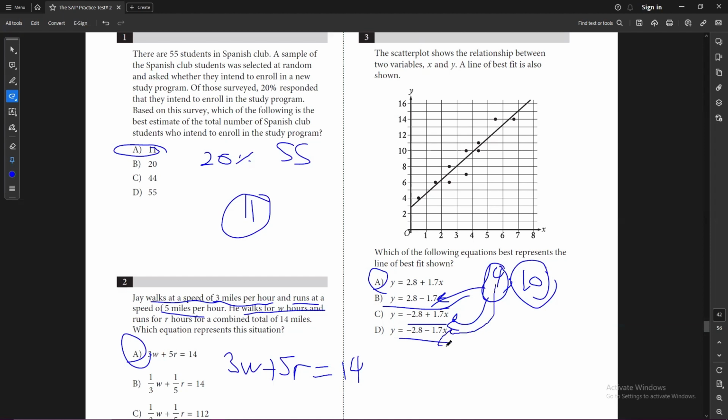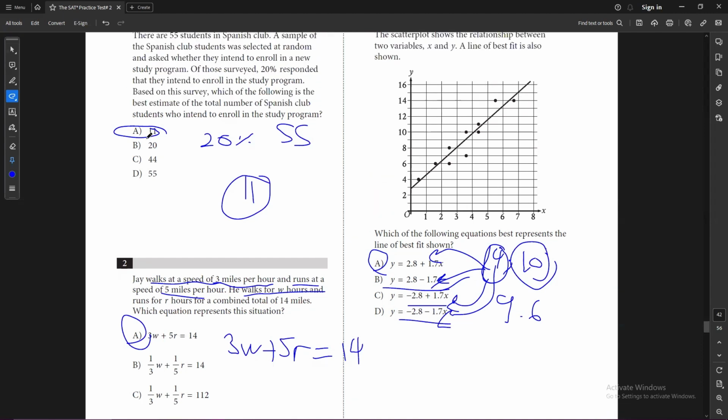And over here, we're getting a smaller number. So it's basically going to be A. And when you plug this into A, I believe you get something around 9.6-ish. So basically, guys, in the SAT, just don't do everything. Just use your pure logic.